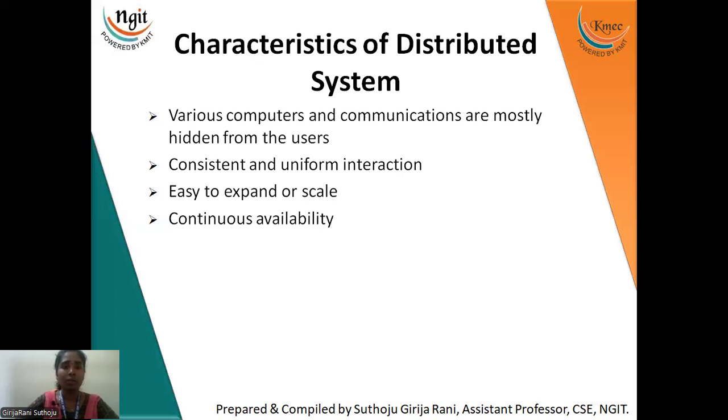The last and very important one is continuous availability, meaning all the services and all the resources must always be available to the end users. The foremost aim is that we should provide services to our clients, those like users. The users should not be distracted while they are utilizing any application.